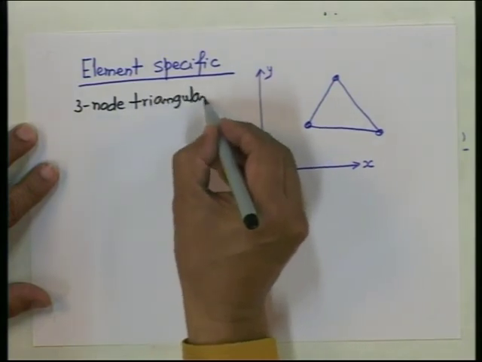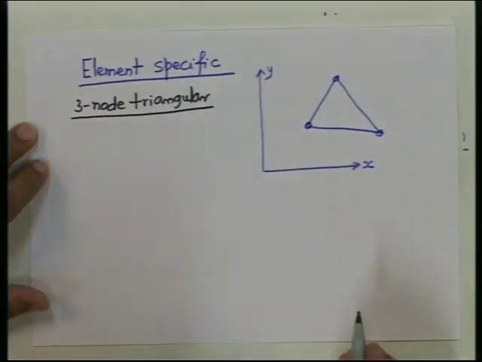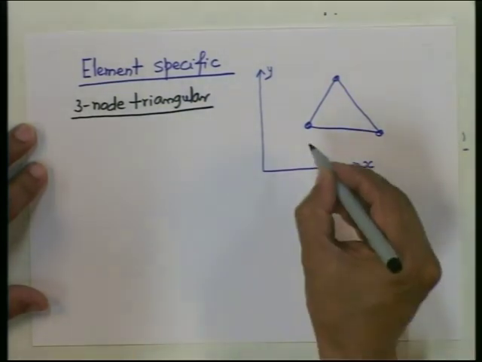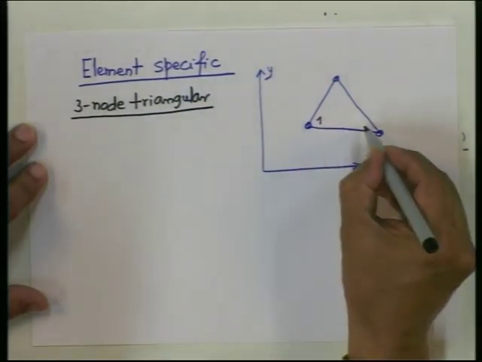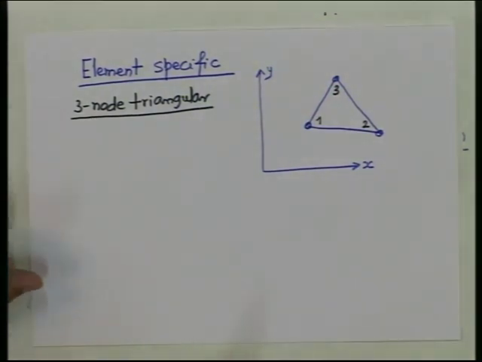It is very simple, although I am taking a lot of time. First of all, you have to number your 3 nodes in some manner, and you have to be careful. In a line element, we were always numbering from left to right, in the positive x direction, as you move from one x to the next.